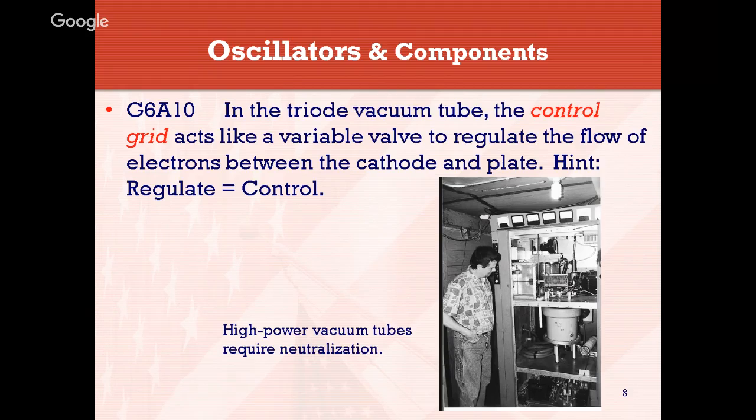It regulates the flow of electrons between the cathode and plate. The hint here is the control grid: regulate equals control. If you want to regulate something, you want to control it. In the triode vacuum tube, there is a control grid that acts like a valve.